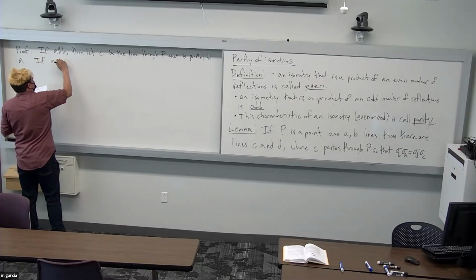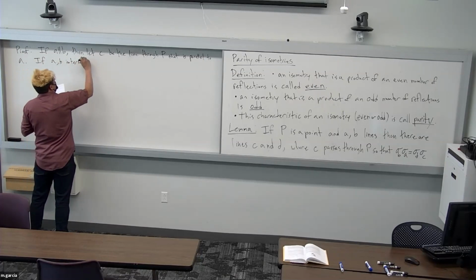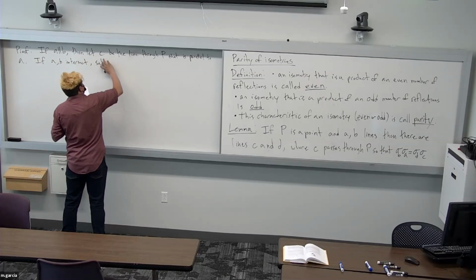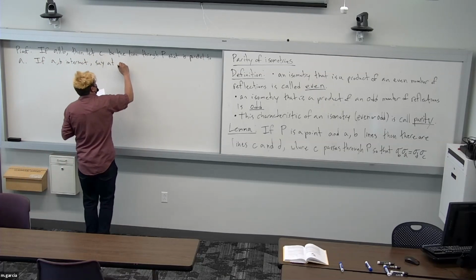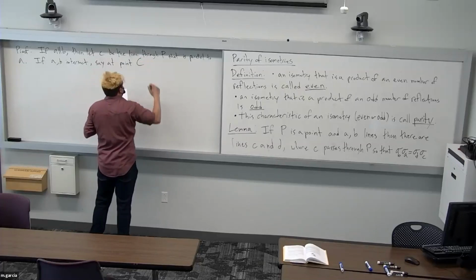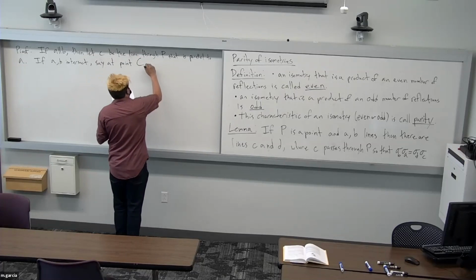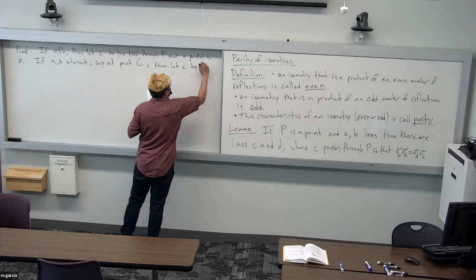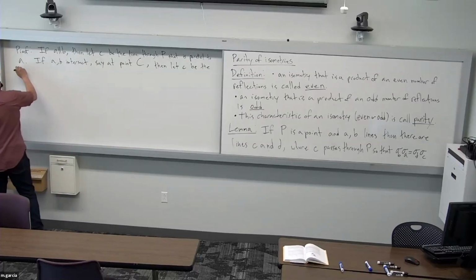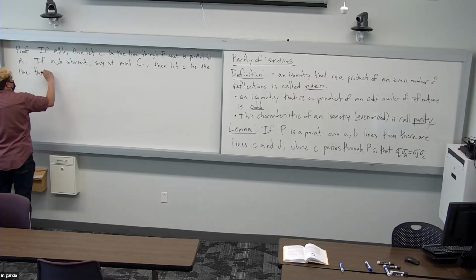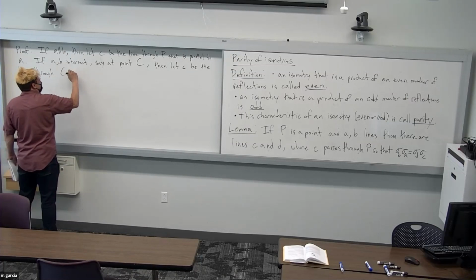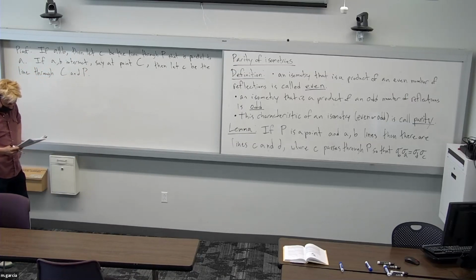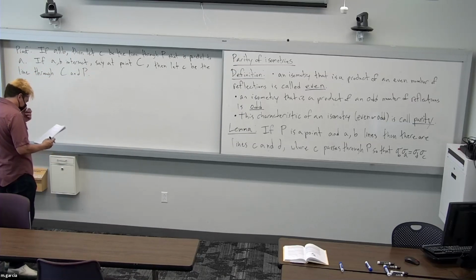If A and B intersect, say at point capital C, then let little c be the line through C, big C, and P. Okay?